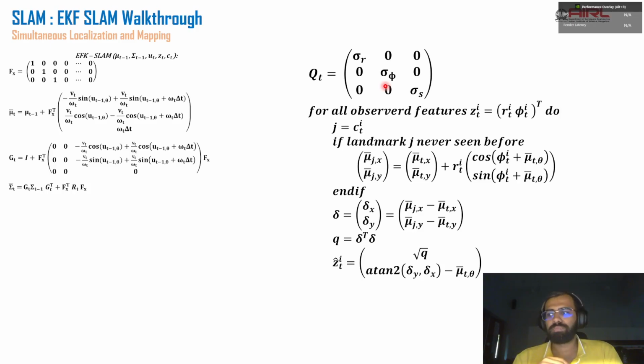Okay, so now in all my observed features, what does it consist of? It consists of two things. One is my range, the other one is my relative heading, right? So imagine it's like this small drone.